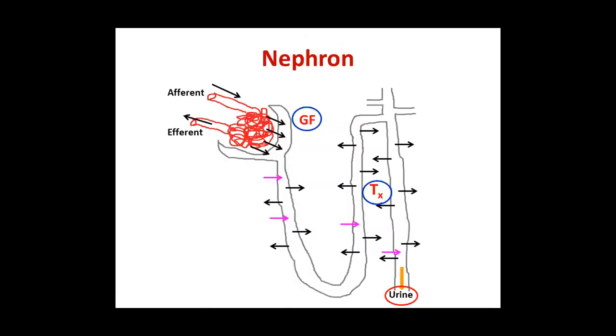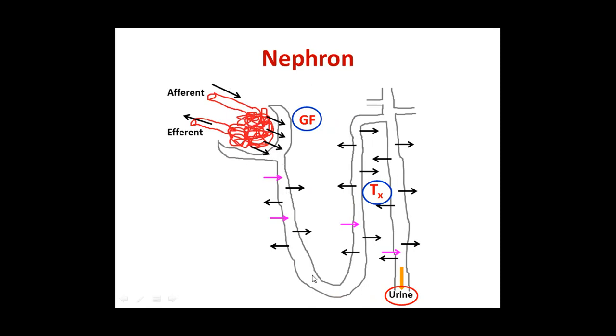Now, if we see the picture of the nephron, which I have described plenty of times during the last two classes, this is a schematic picture of a nephron. This is the Malpighian corpuscle. Red is the glomerular capillary plexus. This is Bowman's capsule.